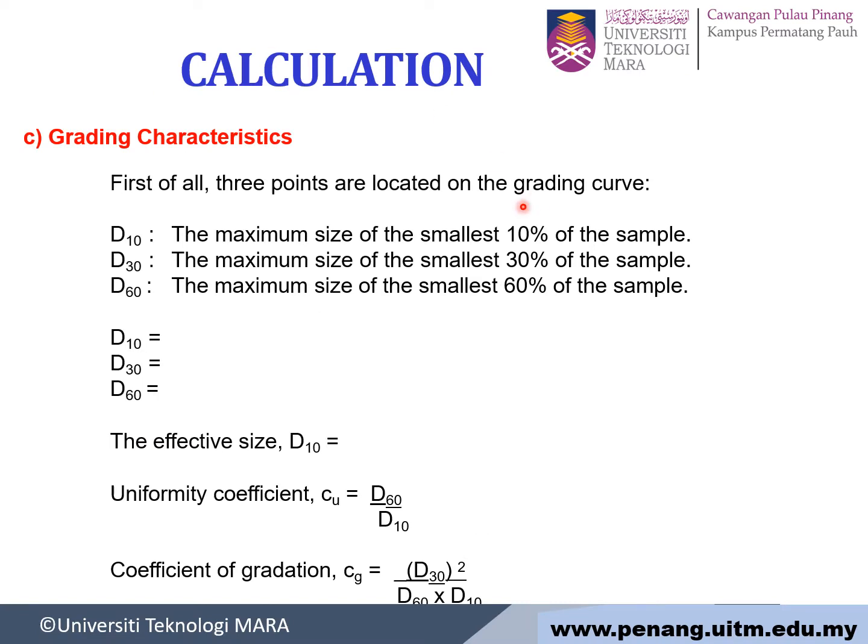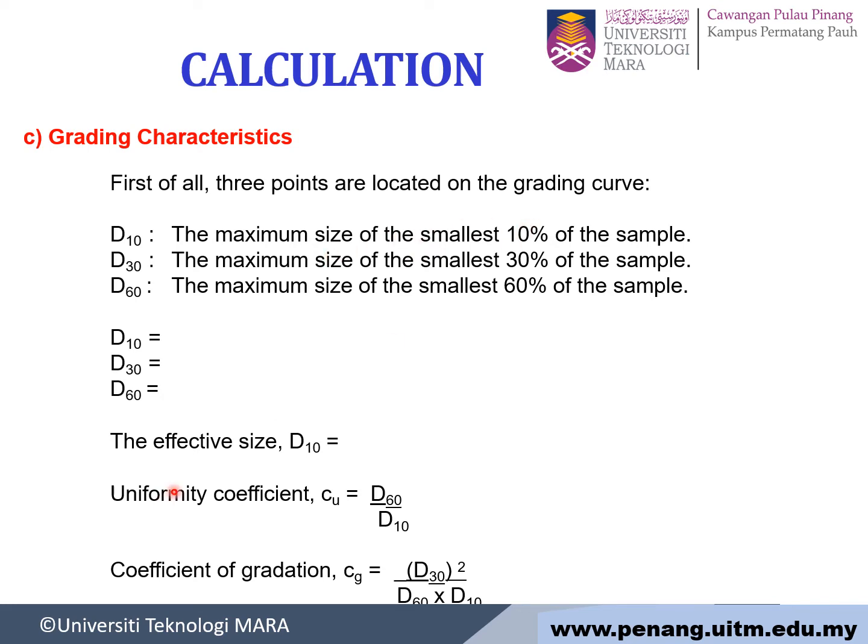For analysis, the grading characteristics: first of all, three points are located on the grading curve. After you determine the cumulative percentage retained from the table, you plot the graph. From the graph, you will see D10, D30, and D60. D10 is the maximum size of the smallest 10% of the sample.